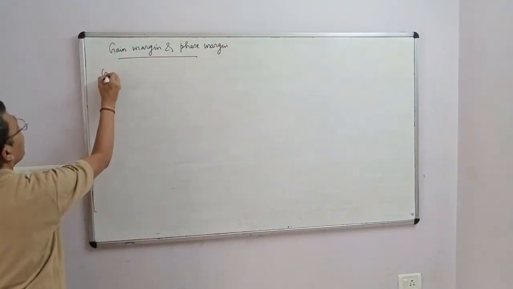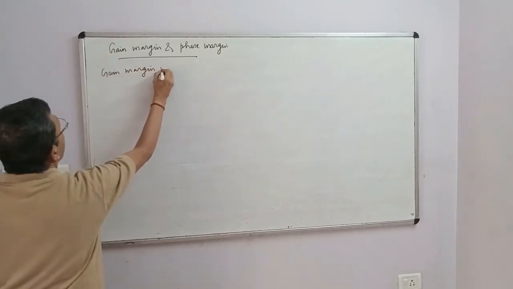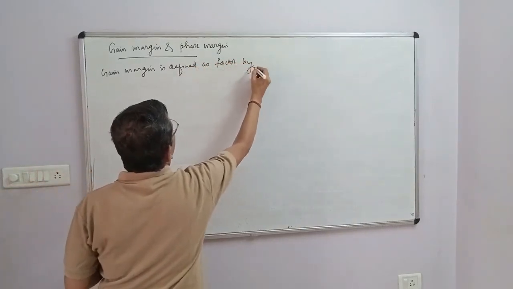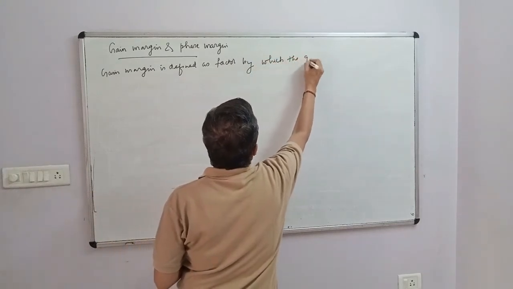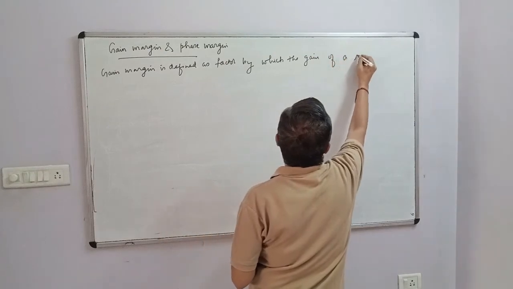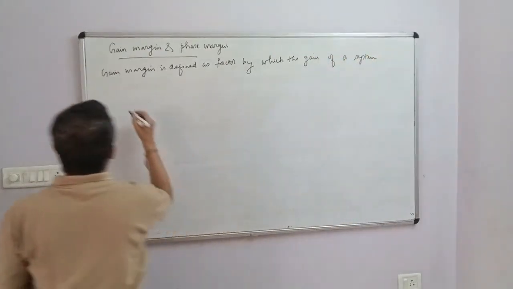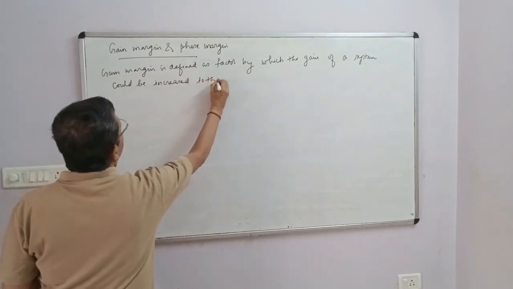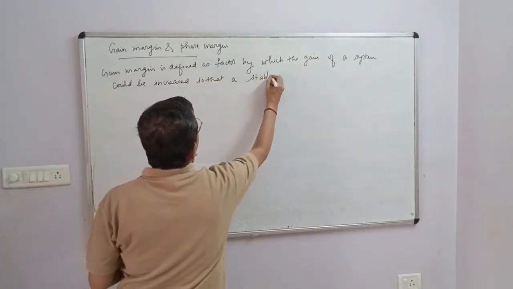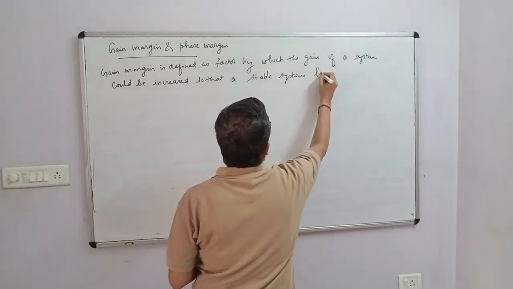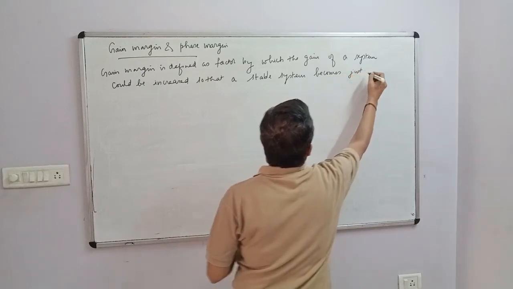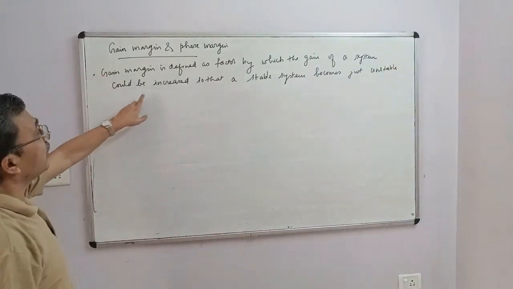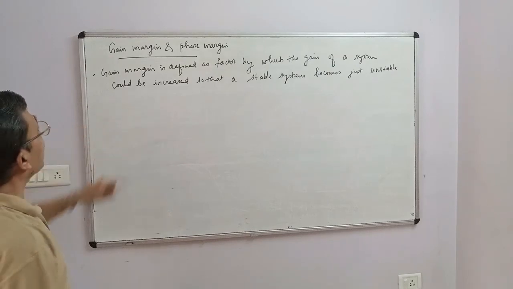Gain margin is defined as the factor by which the gain of a system could be increased so that a stable system becomes just unstable.